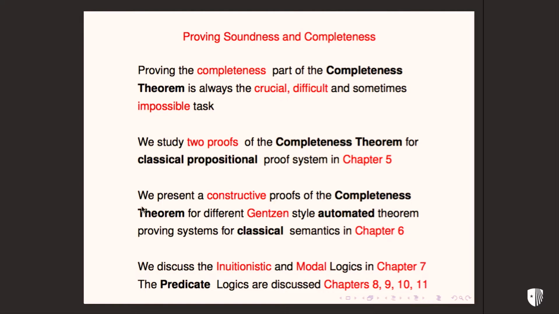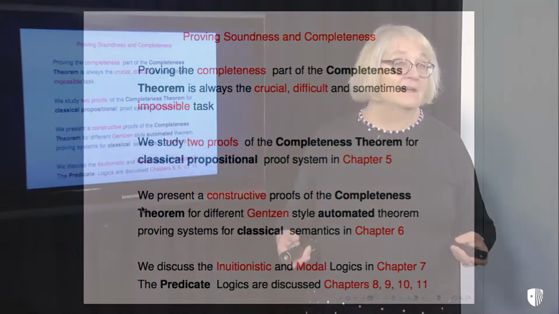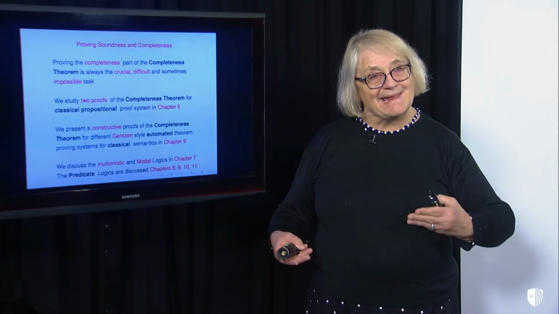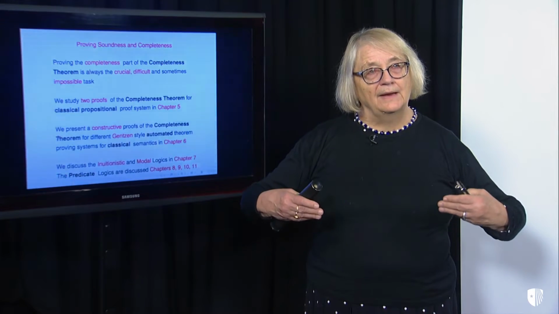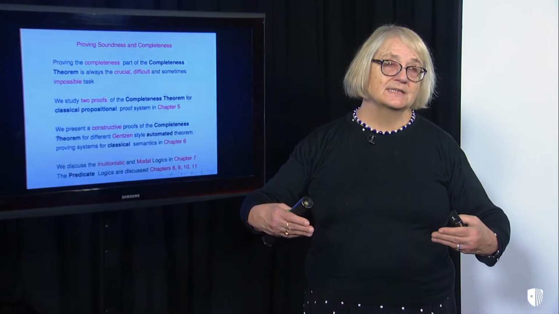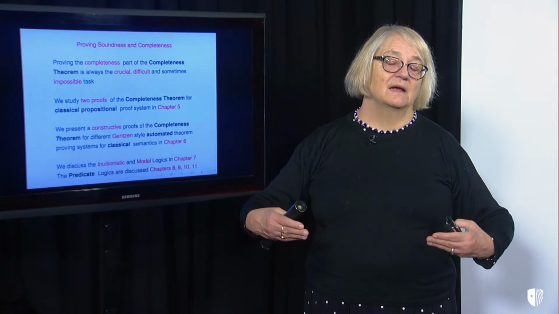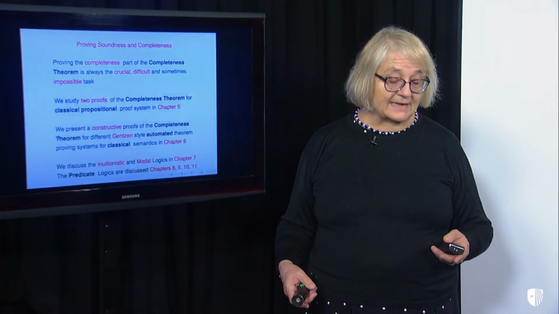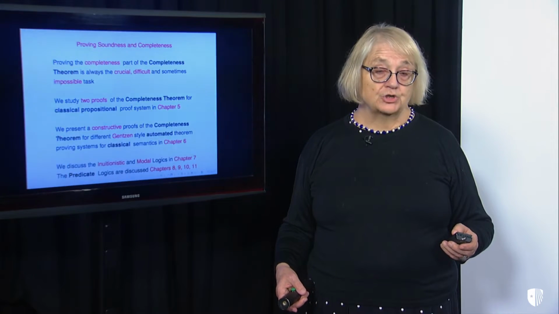Then we will do it in predicate logic, which I'll discuss in chapters 8, 9, 10, and 11. Once you understand how things work and the easier techniques for the propositional case, you will better understand what happens in the more complex predicate logic cases.